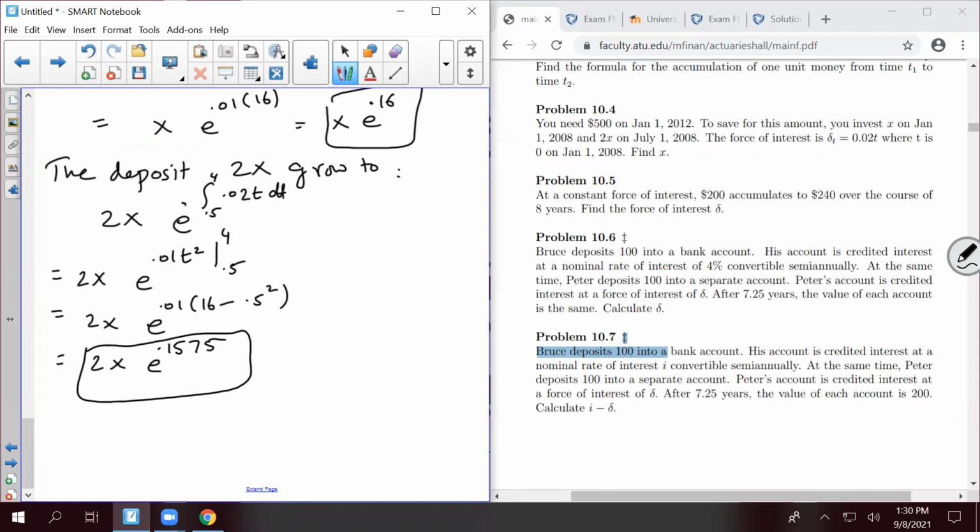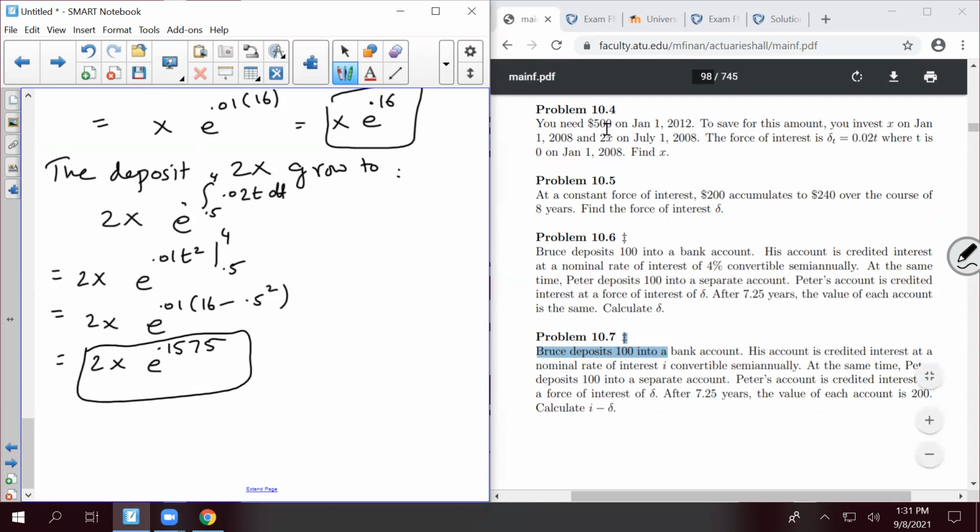Right? So those are equal to A of t. So do we agree that this first X grows to this much, X e to the 0.16, and the second 2X grows to this much after 4 years? And what do we want? We need a total of 500 after 4 years. So basically that 500 should equal this one plus this one.